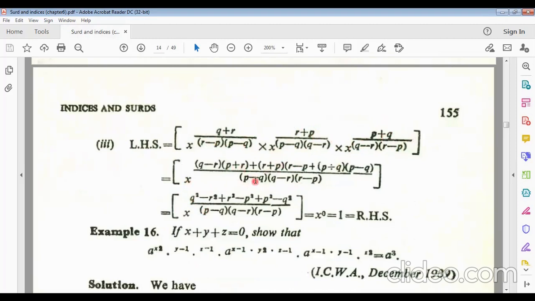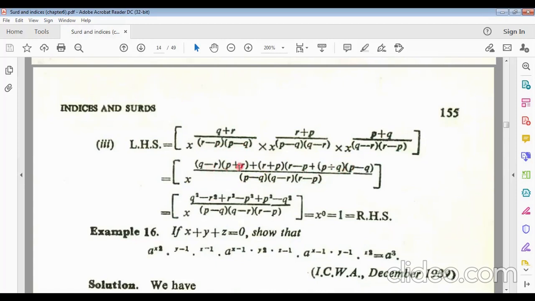Adding all the powers, now taking the LCM. The LCM will be p minus q, q minus r, r minus p. Taking the LCM and dividing by the denominators, the result will be multiplied with the numerator.